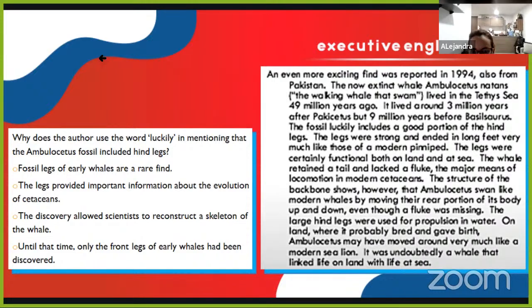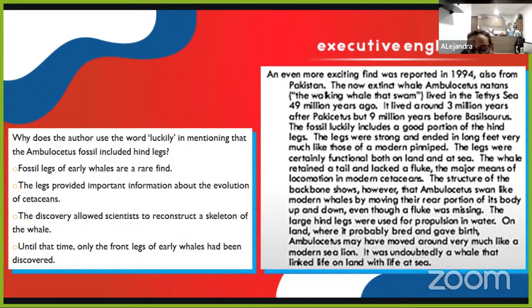The fossil includes a good portion of the hind legs. The legs were strong and ended in long feet, very much like those of a modern pinniped. The legs were certainly functional both on land and at sea. The whale retained a tail and lacked a fluke, the major means of locomotion in modern cetaceans.